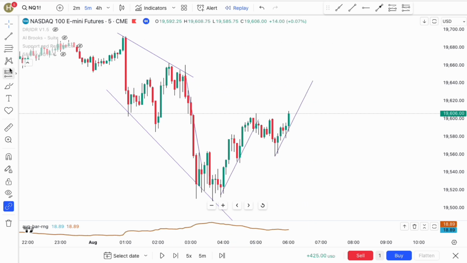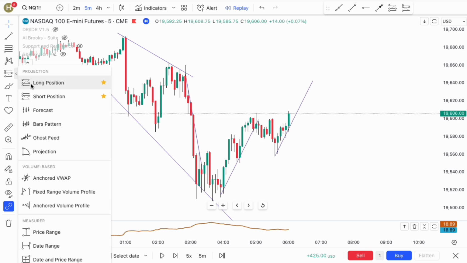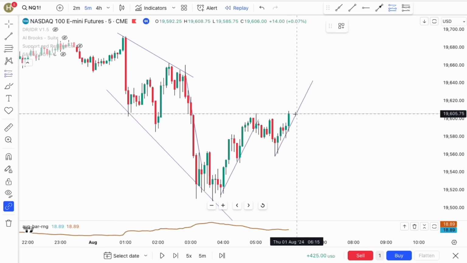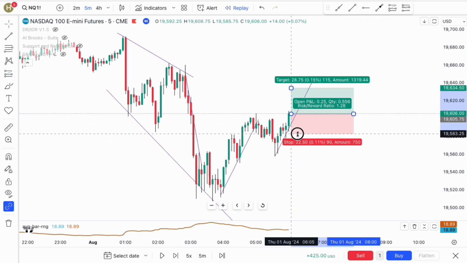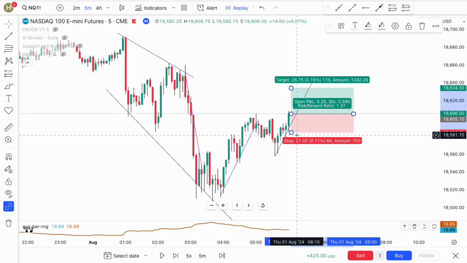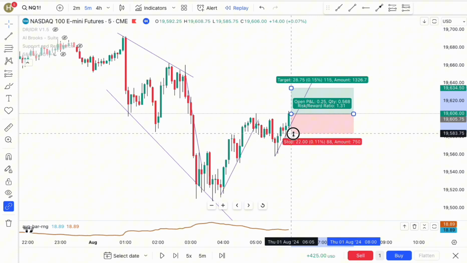Now the question is, do I want to enter it? Because what is my risk going to be? So if I were to enter it right here, I would need my risk to be right about there, one or two ticks below that.